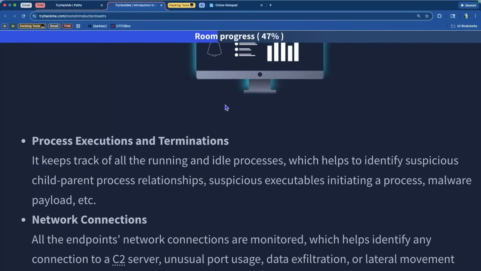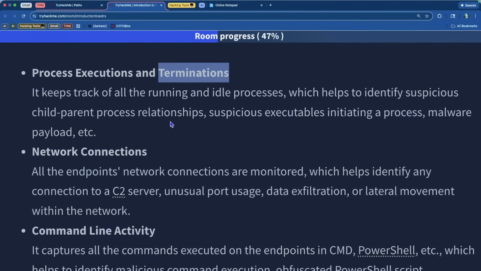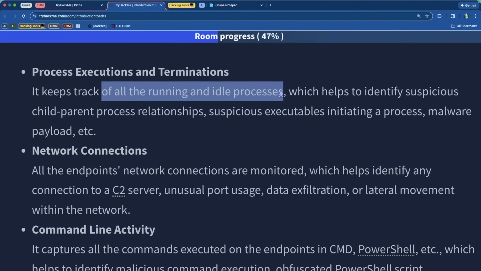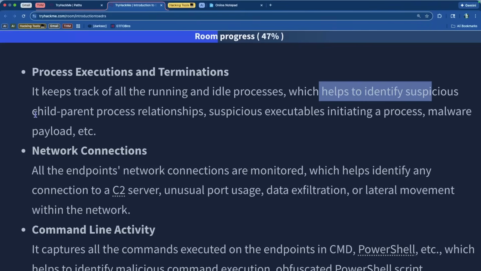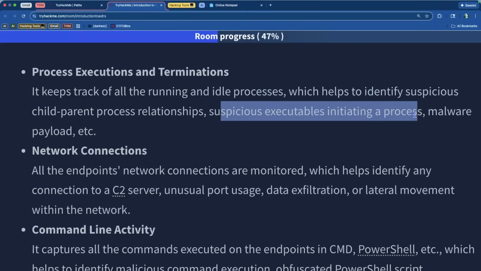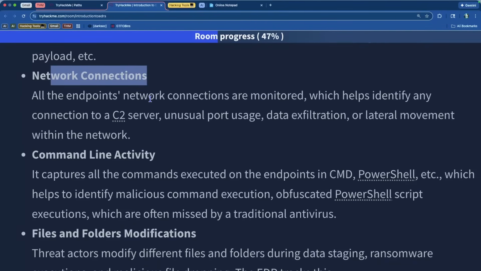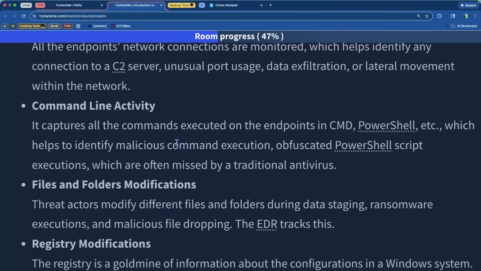Process executions and terminations: a process that executes or launches, and then if it terminates. Everything that's running and idle helps us identify suspicious child-parent process relationships, suspicious executables initiating a process, malware payloads, etc. Network connections: all the endpoint's network connections are monitored, which helps identify any connection to a C2 server, unusual port usage, data exfiltration, or lateral movement within the network.